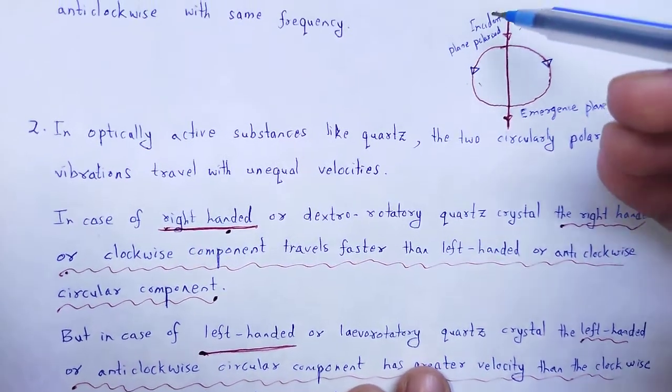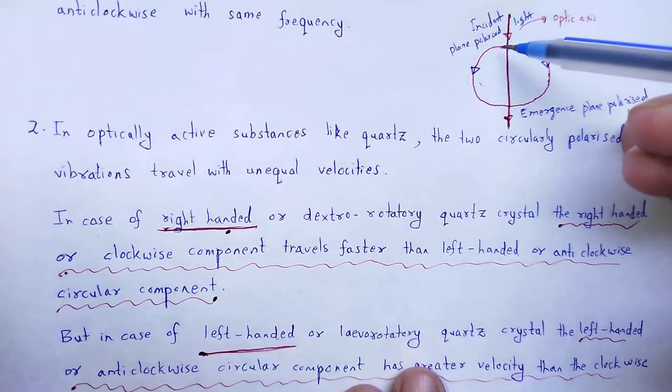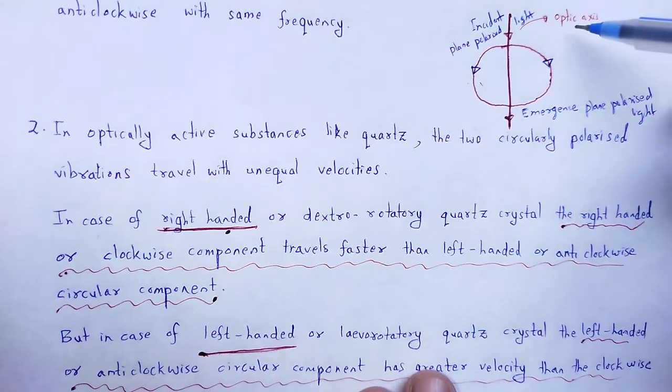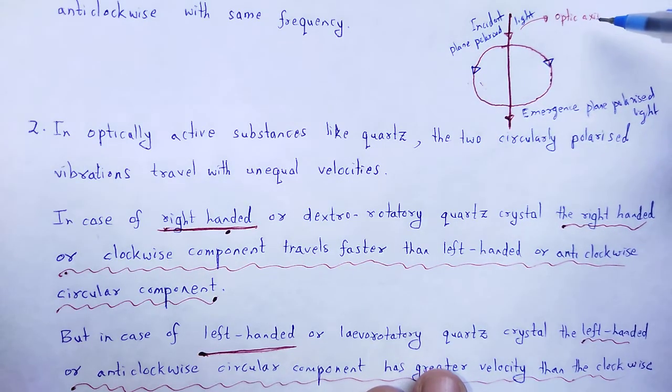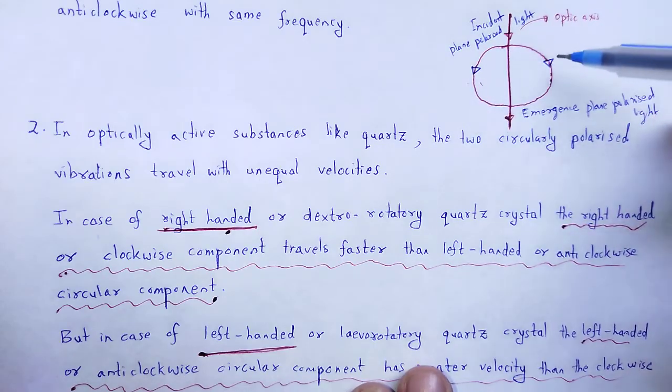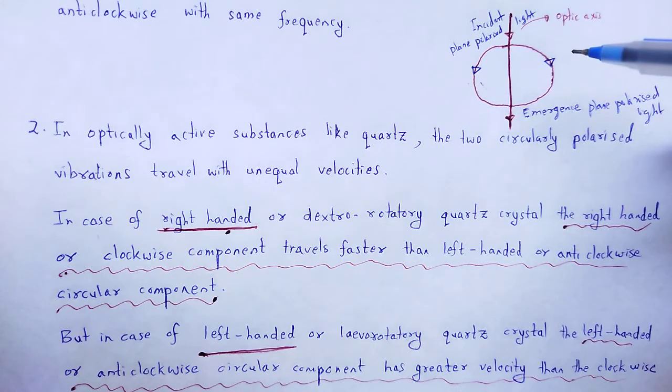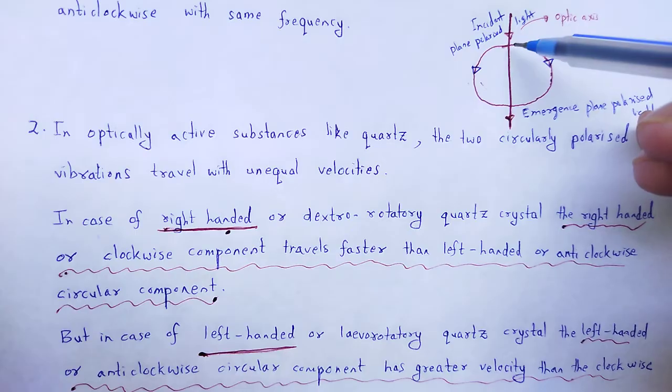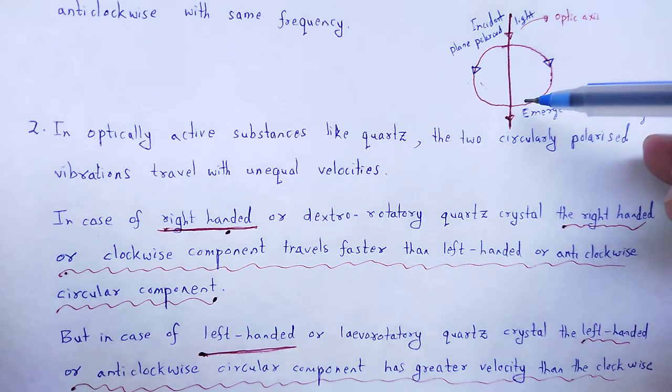According to him, when plane polarized light is incident on an optically active crystal along the optic axis, it is divided into two circularly polarized components, one along the clockwise direction and another along the anti-clockwise direction.